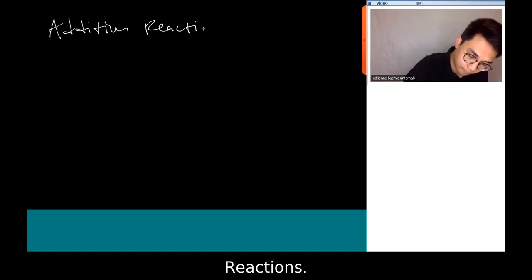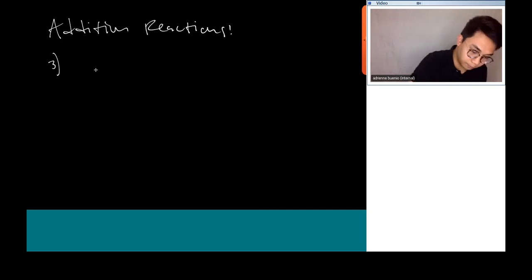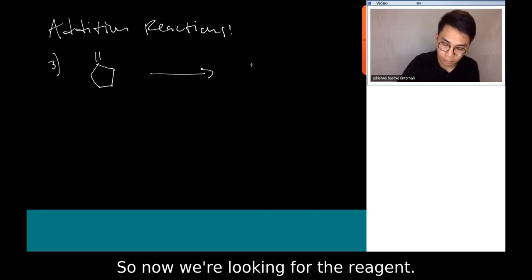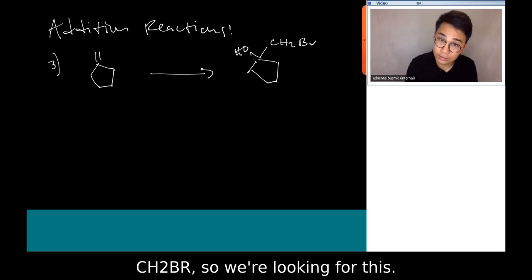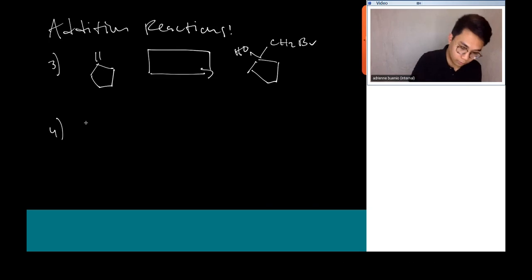Reactions. Okay, so we have, let's see, I think we're in three. So now we're looking for the reagent. CH2Br, so we're looking for this. And then last one, we're looking for the reactant.